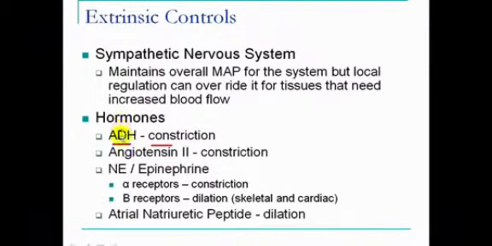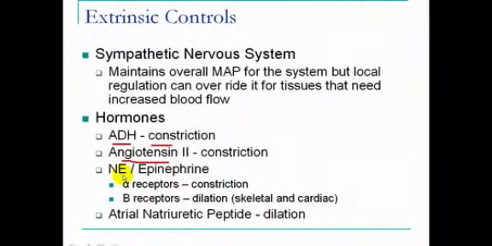It also regulates blood pressure by increasing water reabsorption in the kidneys. So if you increase blood volume, you increase blood pressure. Remember your renin, angiotensin, aldosterone pathway? Well, angiotensin 2 causes systemic vasoconstriction. Therefore, it would increase blood pressure.